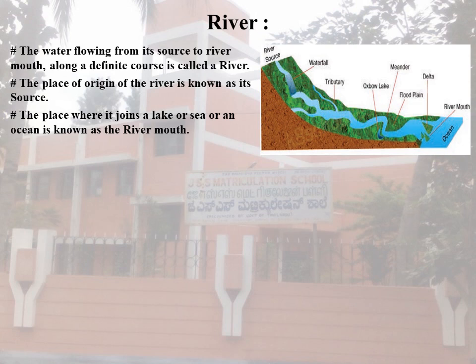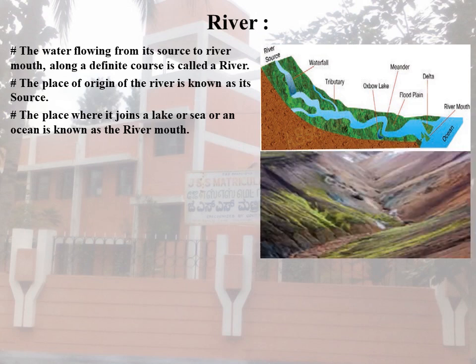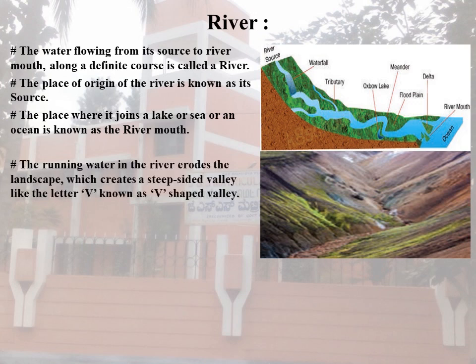The next point is that the running water in the river erodes the mountain tracks, which creates a steep-sided valley like the letter V, known as a V-shaped valley. The picture is also given on the right side. Both sides are hills or highlands, and the land slopes so that it looks like a V. We call that a V-shaped valley.